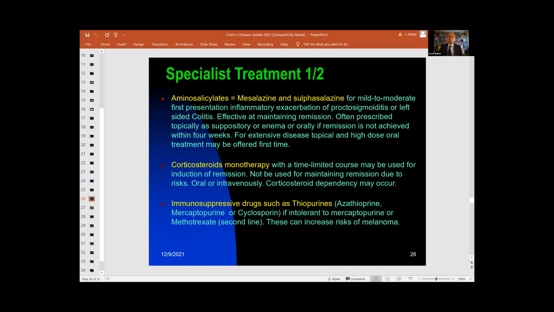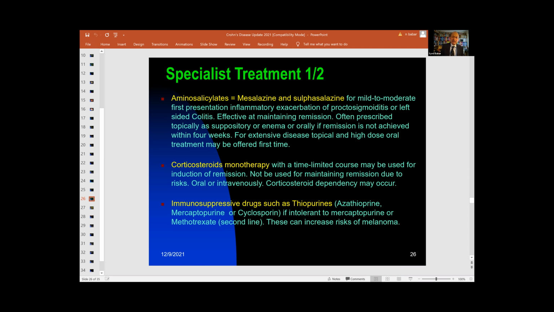So what is the specialist treatment of Crohn's disease? It is of a few agents. Aminosalicylates, the common ones being mesalazine and sulfasalazine, which can't be used in sulfonamide allergic patients, but it is one of the mainstay treatments of Crohn's disease.